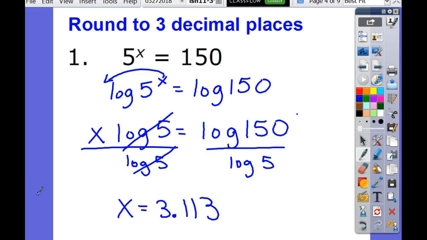Does anybody know what 5 to the third power is? 5 to the third power is 125. This is a little bit more than that. So this answer right here is a little bit more than 3. And so this is not just totally magic. It is a reasonable answer.